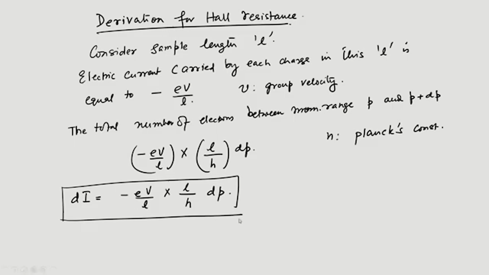So this is an elemental current. The full current, or the complete expression for current, can be found out by integrating this between some p1 to p2, which corresponds to the momentum values at, say, the bottom edge and the top edge, depending upon which direction the current is flowing.